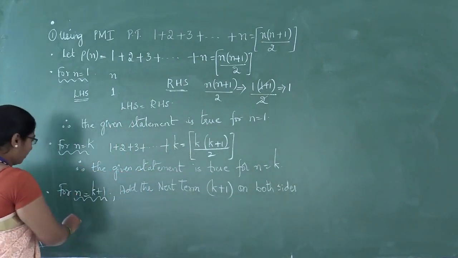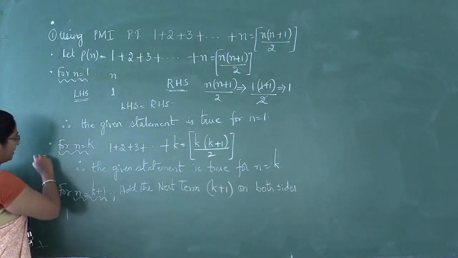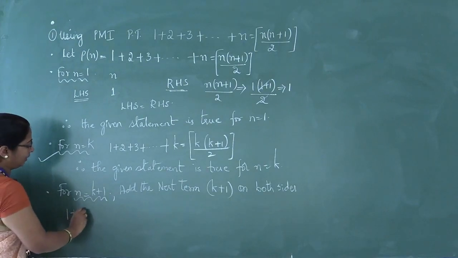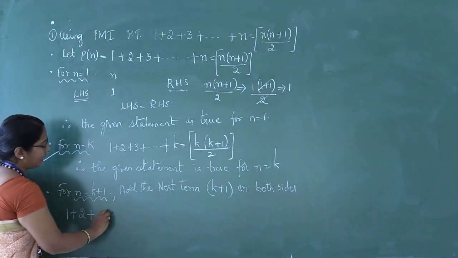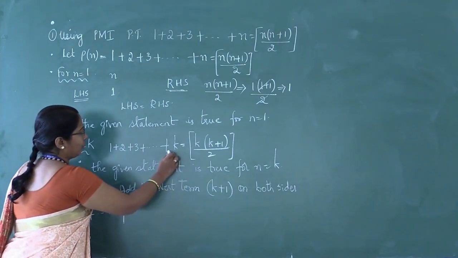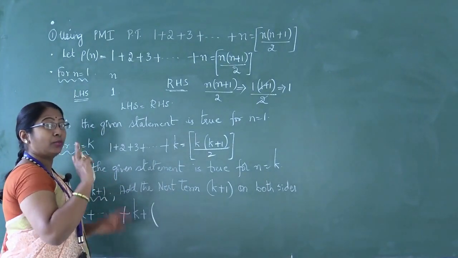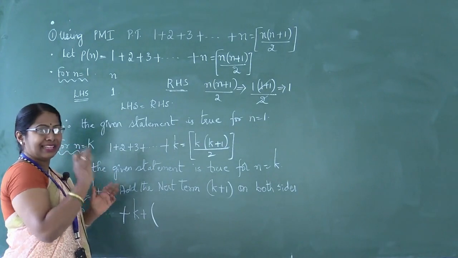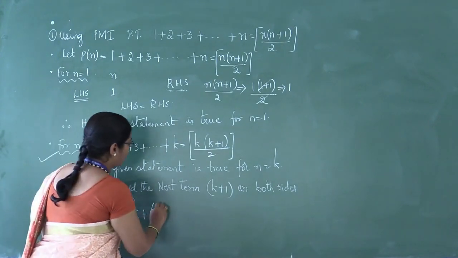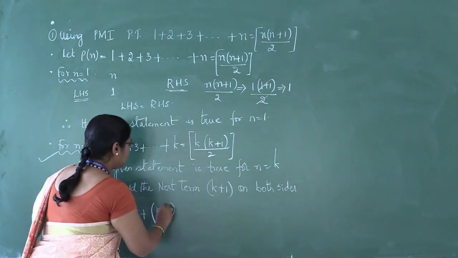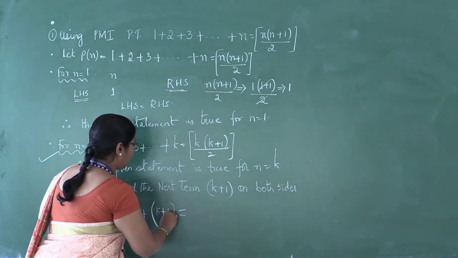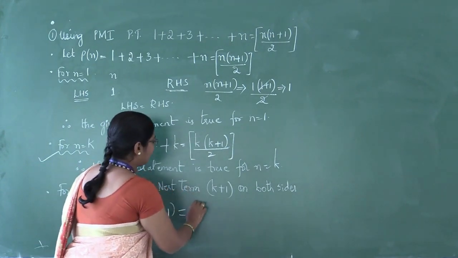So what does the given problem become now? Using step 3: 1 plus 2 plus 3, and so on, plus k. Which is the next term I am supposed to add on both the sides? Both the sides means LHS and RHS. So what do I get? K plus 1, which is equal to, what is RHS?